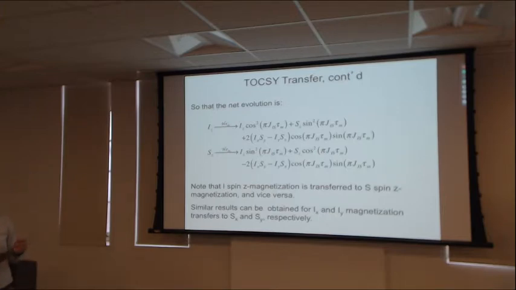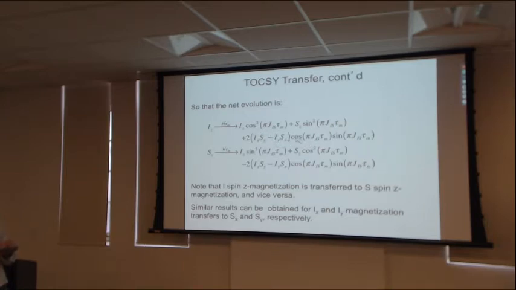So the net effect, when I work this all out, is Iz magnetization will evolve under the strong coupling Hamiltonian to give me a somewhat more complicated picture than I had before. I get Iz magnetization with the cosine square dependence, and then some zero quantum coherence arises as well.